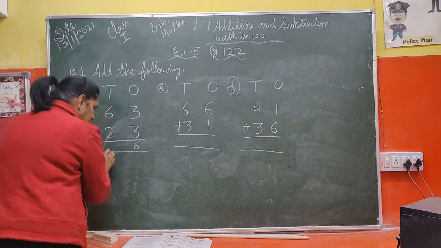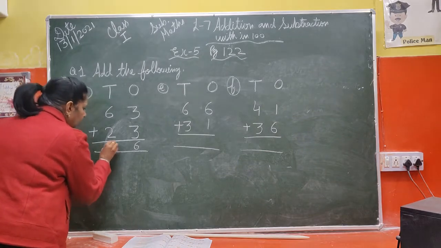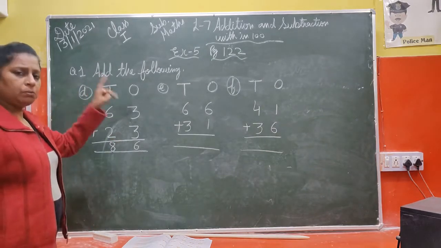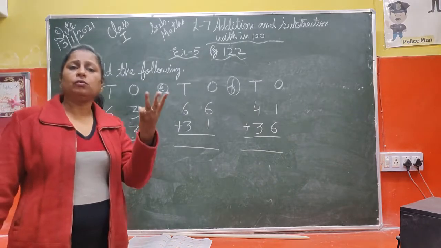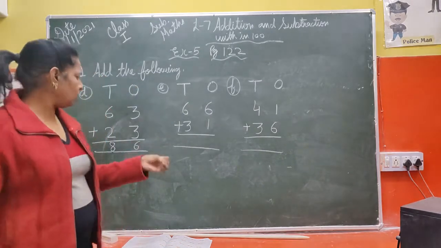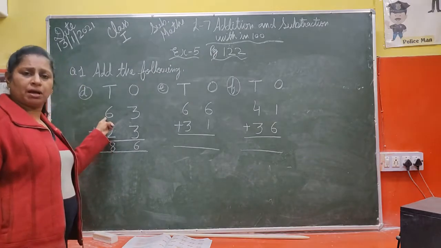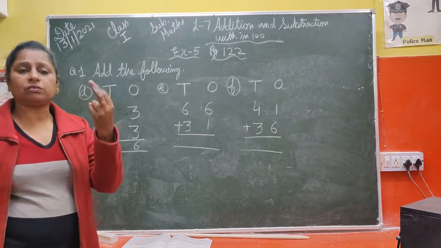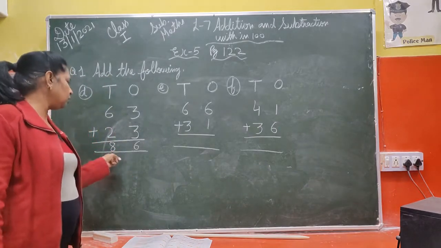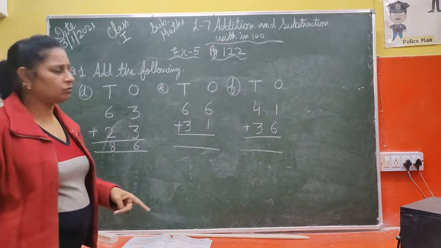So right answer is 8. Again करते हैं इसको. 3 in my mind and 3 in my finger. After 3, 4, 5, 6. 6 in my mind and 2 in my finger. After 6, 7, 8. So answer is 86.